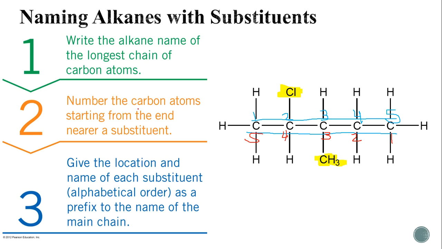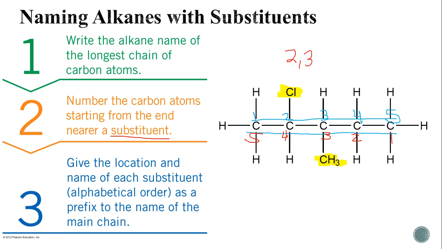Okay. So we want our substituents to be on the lowest number carbons. We want them to be closest to the start of the chain. So if I use the blue numbering system, numbering left to right here, I have a substituent on the second carbon and on the third carbon. So that would be a 2, 3.